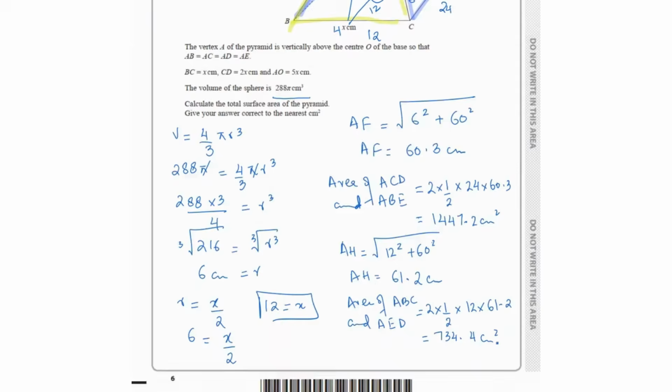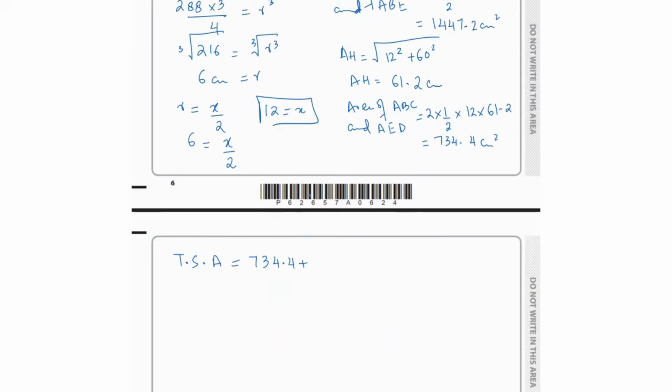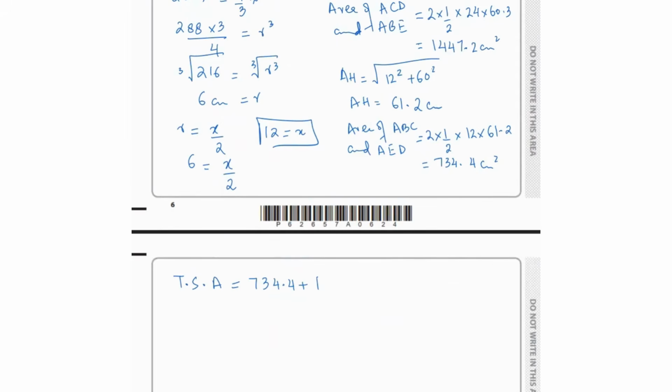So now total surface area is going to be 734.4 plus 1447.2 plus a rectangular base, which is 12 times 24.